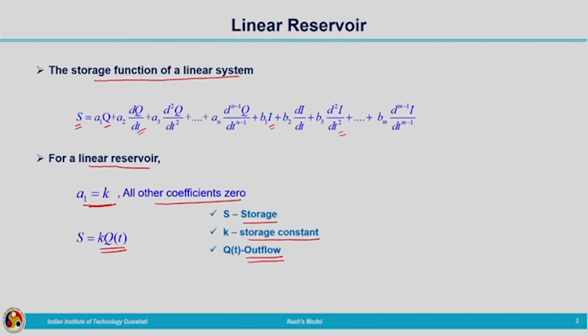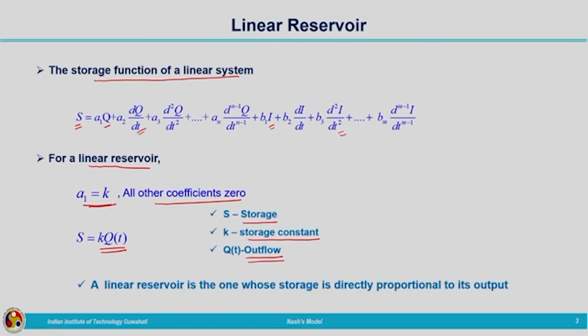That is why the proportionality coefficient is replaced by a coefficient A1 is equal to K. We can write S is equal to K Q of t. So, a linear reservoir is the one whose storage is directly proportional to its output. S is equal to K Q of t, that means K is a coefficient, so S can be written as directly proportional to outflow Q.